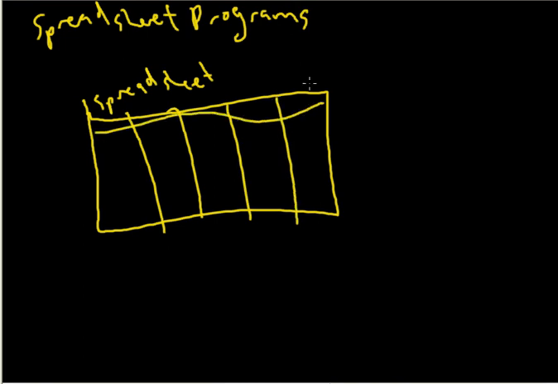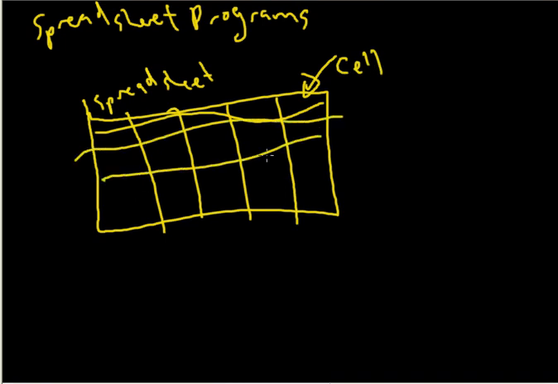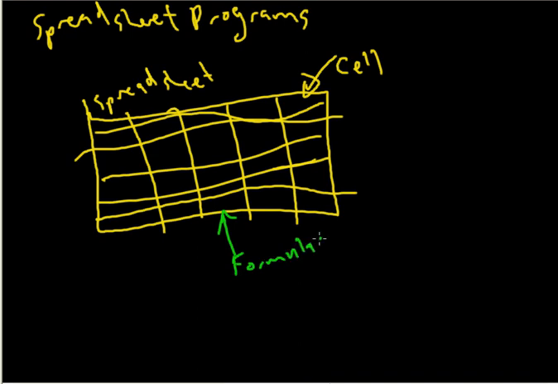Each one of these is called a cell. All these cells contain information, and you can put in these cells special formulas. I just destroyed my special green color. Let's see if I can fix my colors. Okay, here we go. Inside these are special formulas, which you can see right here, and the formulas help you calculate everything.